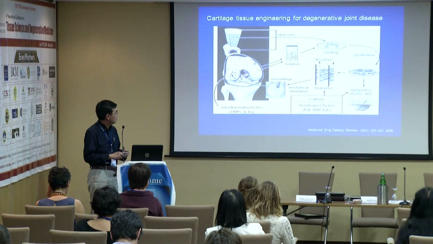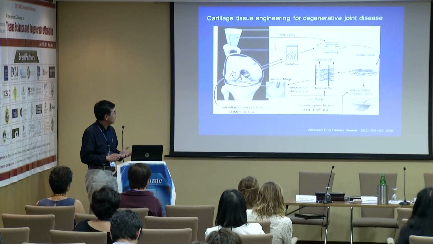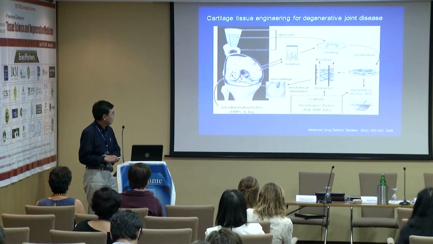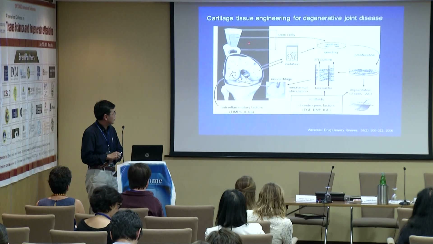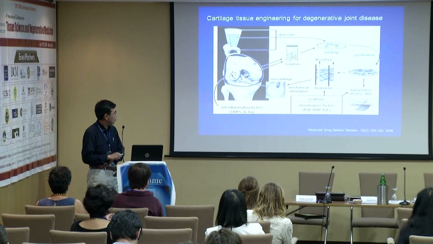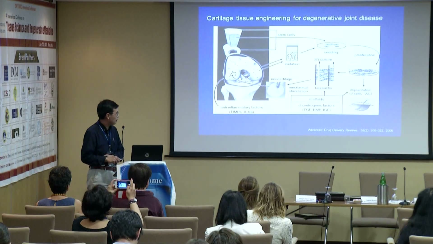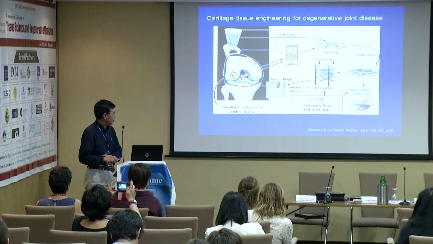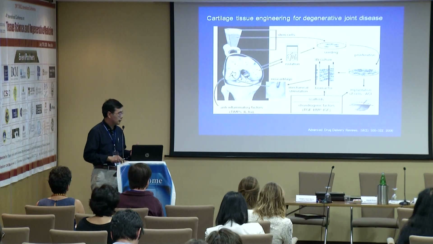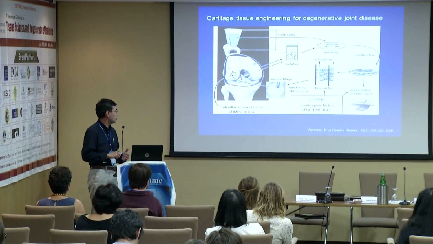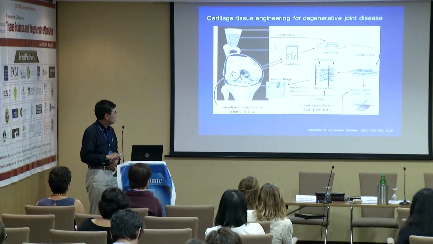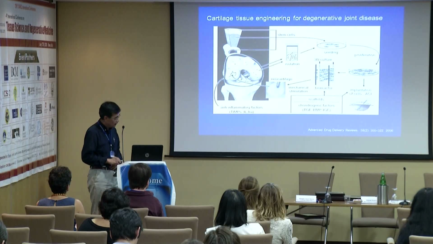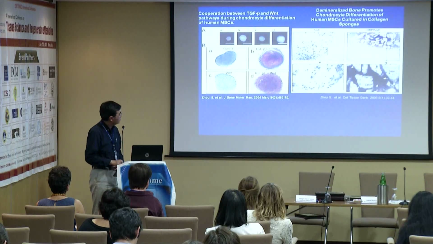Another way to repair the cartilage is tissue engineering, which can take mesenchymal stem cells from the bone marrow and put them into 3D culture. You can either differentiate them to chondrocytes in vitro, or transplant them back to the damaged cartilage to repair it.